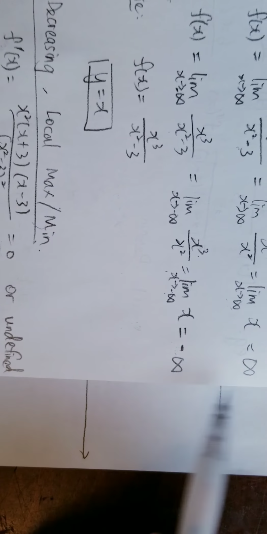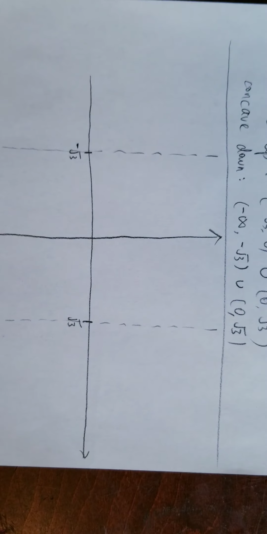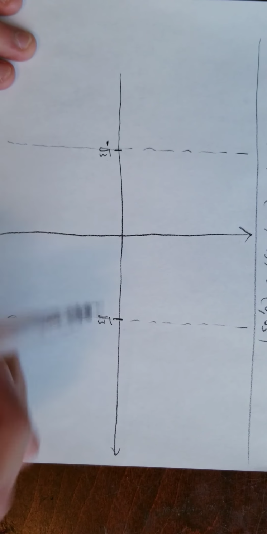What else do we have? We don't have any horizontal asymptotes, because those are at plus or minus infinity. But we have another asymptote called the slant asymptote, which is y equals x. What does it look like? It's actually a diagonal line like this.